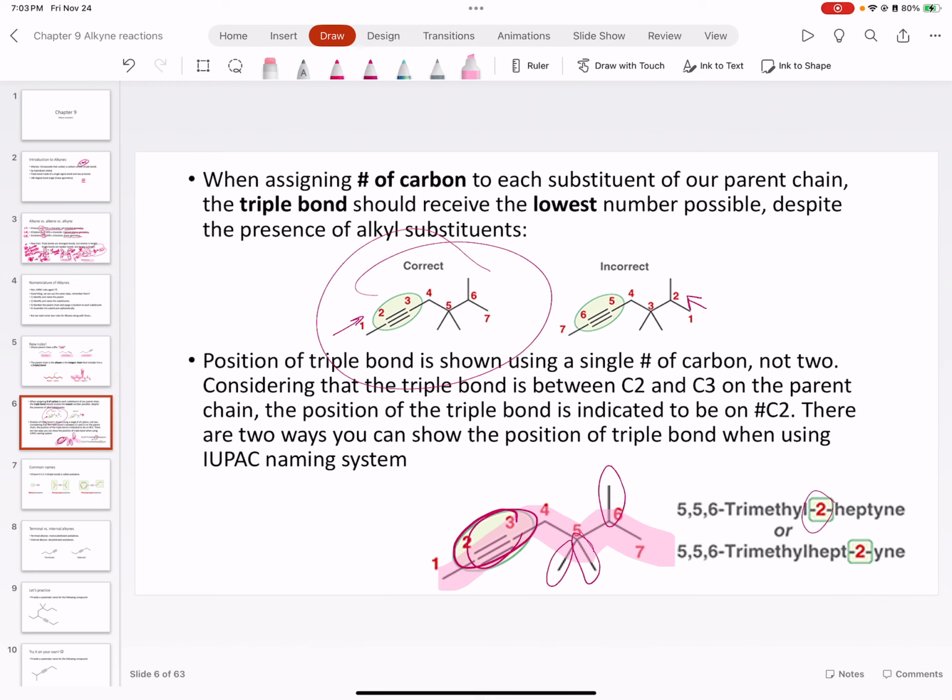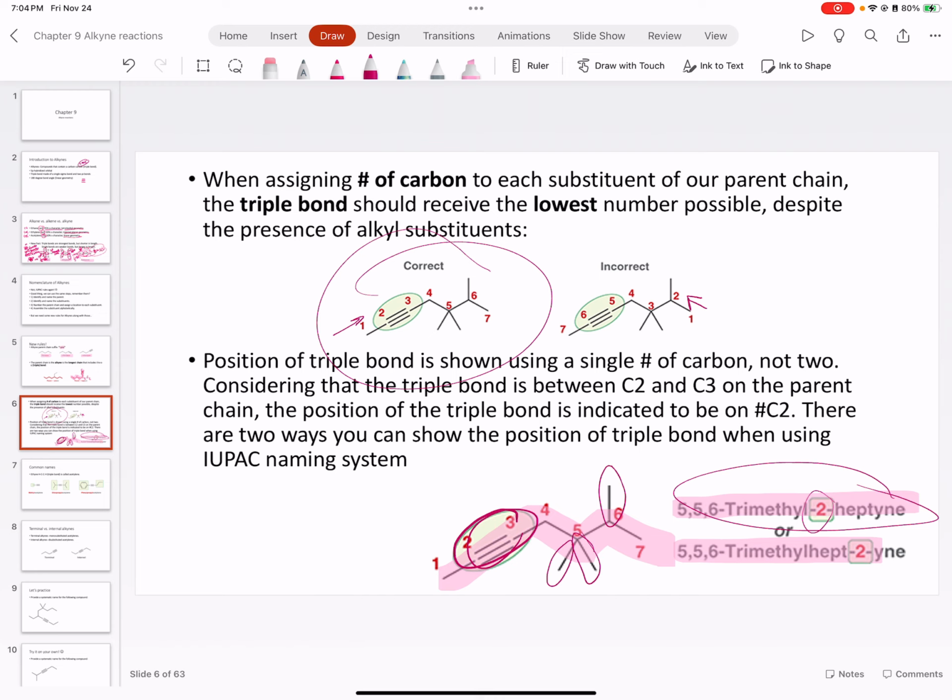And the rules are so weird that you can name it this way or this way, and either will be correct. You can put the position before your parent chain name, or you can put it between the parent chain name. I personally prefer to put it before, but it's up to you guys.